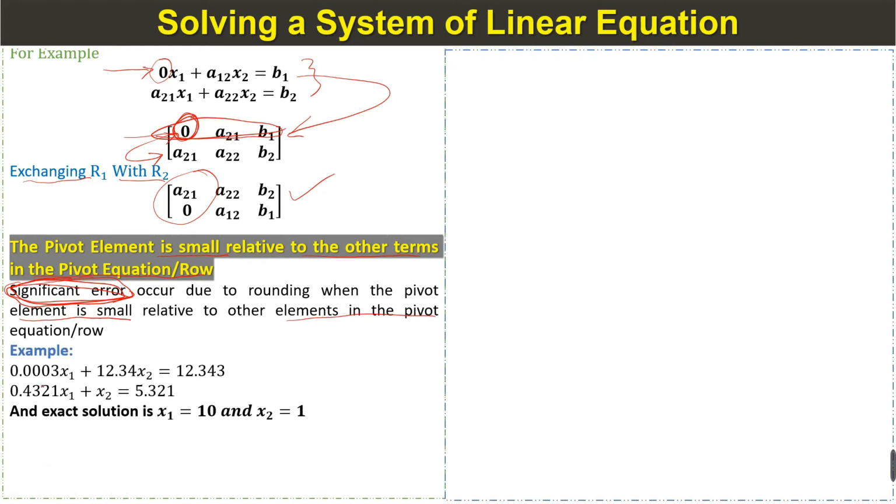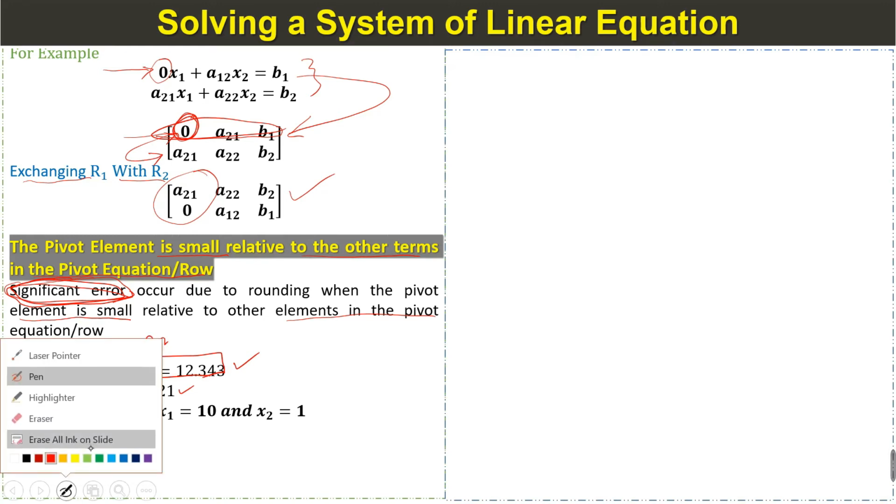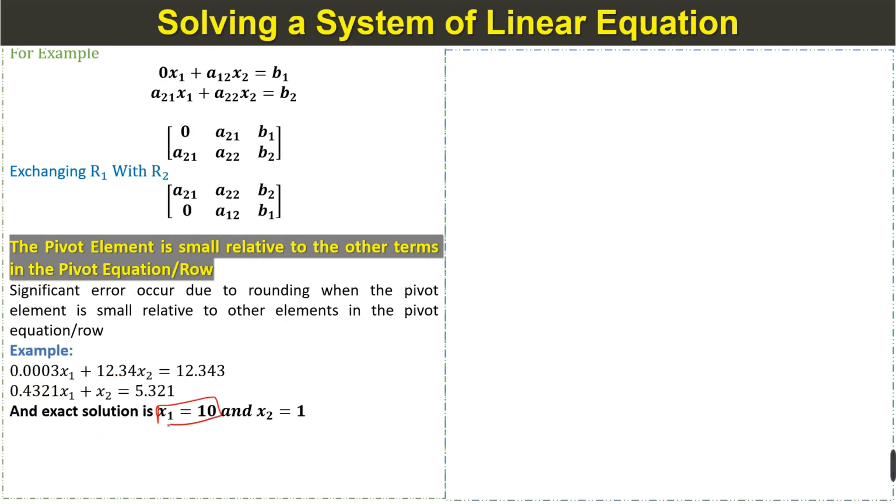Okay, so for example, we have these two equations, and we can see that this is the pivot equation, and the pivot element is very small relative to the other terms, like a12. Okay, so the exact solution of this system is x1 is equal to 10 and x2 is equal to 1, and we find the solution of this system by applying the Gauss elimination method.